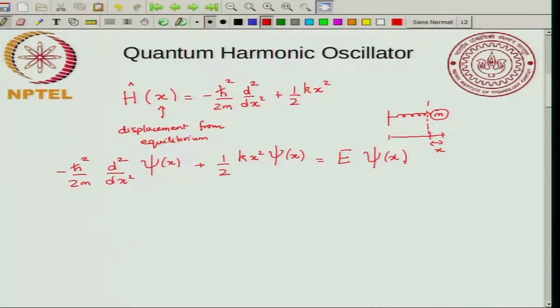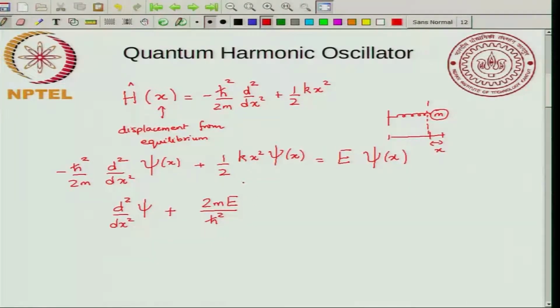Let me rewrite this differential equation in a slightly different form. I will write d square by dx square of psi, plus, taking the 2m and h bar to the other side and bringing the E this side, 2mE by h bar square multiplying psi. And what else multiplies psi?